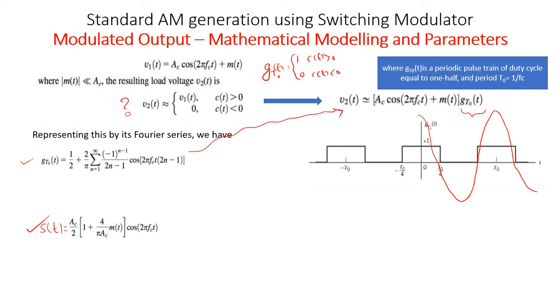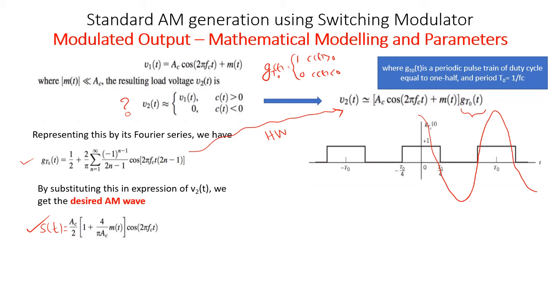So that's what we are going to do now. I'll give it as homework. What I want you to do is expand this. How to expand it, I'll just tell you. It's half plus 2 by pi.